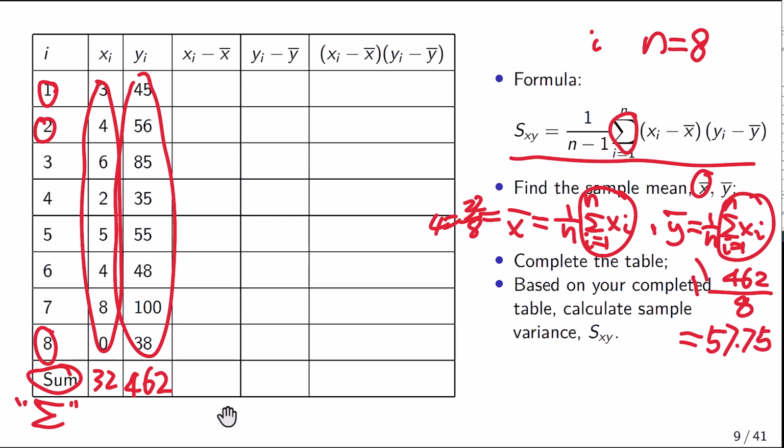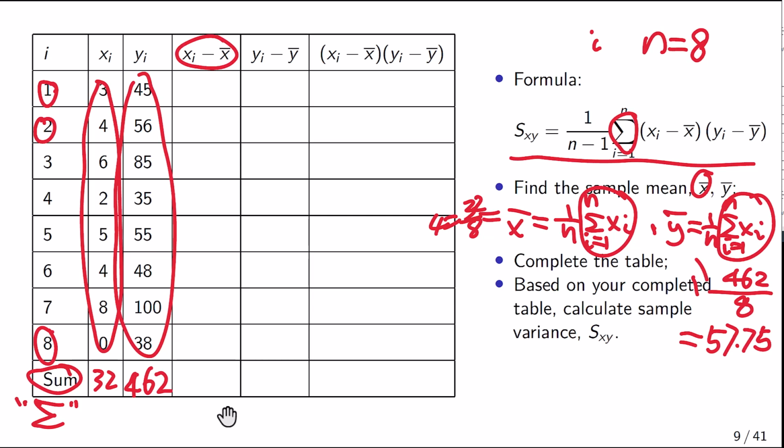Because we use the calculator, we should have no problem getting the sample mean. We already practiced this sigma, the sum: add all of them together, and then the same thing for y, and then divide by 8. That's how we get this. What is this column? It is xi minus x bar. We have x bar equals 4.